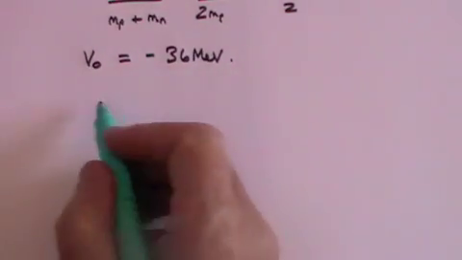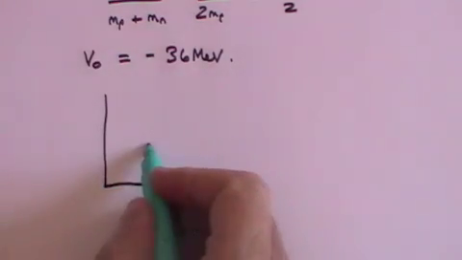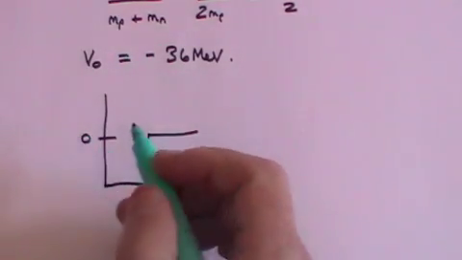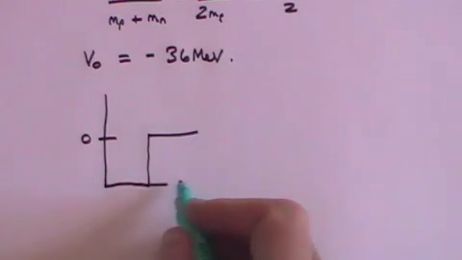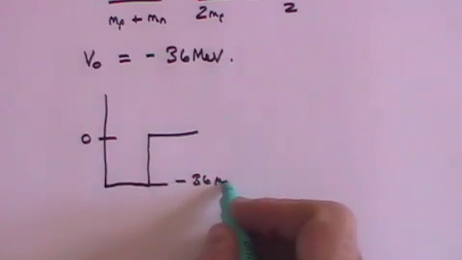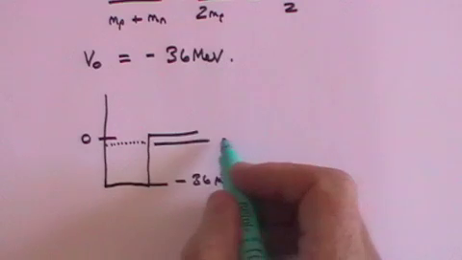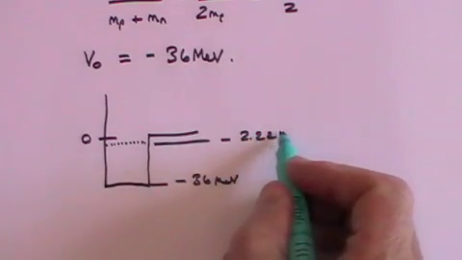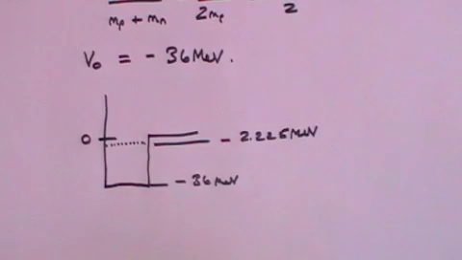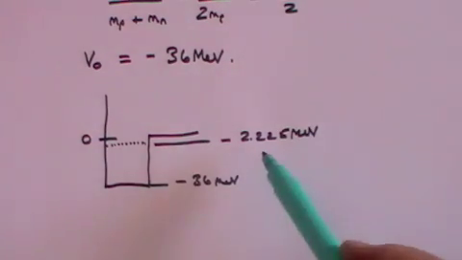So if I plot the square well representation that I was using, there is naught. This is now minus 36 MeV, and you can see that compared to that, the binding energy, which was minus 2.225 MeV, is very small compared to the nuclear potential energy, the nuclear potential well in which these two nucleons are sitting. And what you can see is that the deuteron is loosely bound.